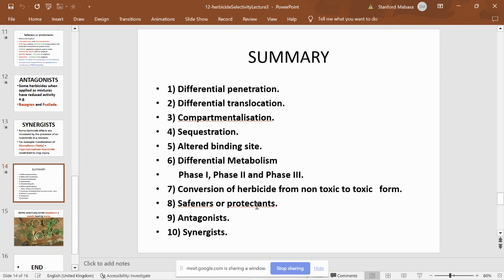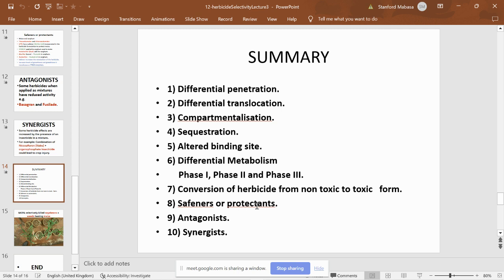Antagonists, these are herbicides. If you mix them, you lose herbicidal activity. Synergists, it's a mixture of pesticides which can produce undesirable results.